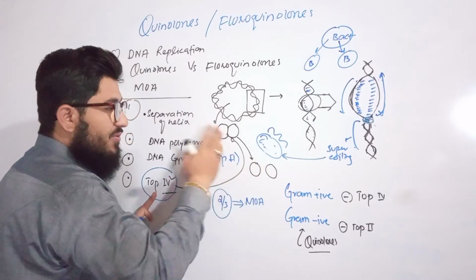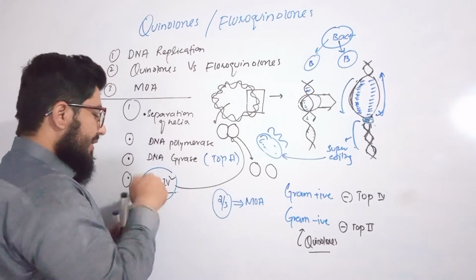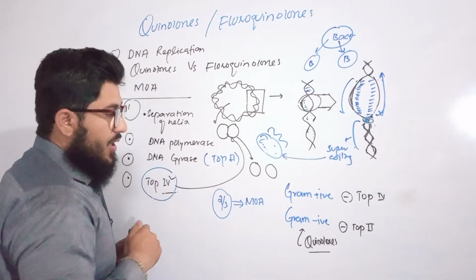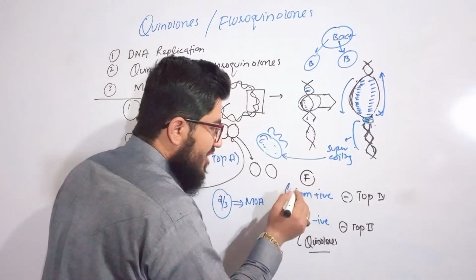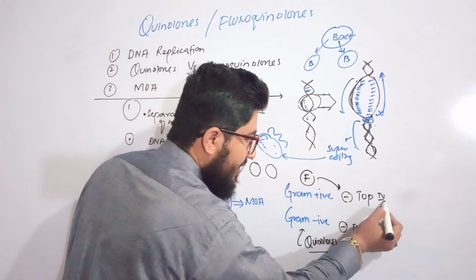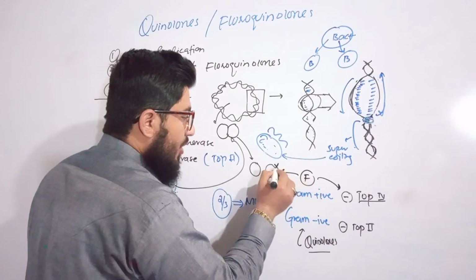So this separation will be blocked. Why? Because now fluoroquinolone has come and has inhibited the action of topoisomerase 4. F stands for fluoroquinolone. What will happen then? Separation won't be observed.